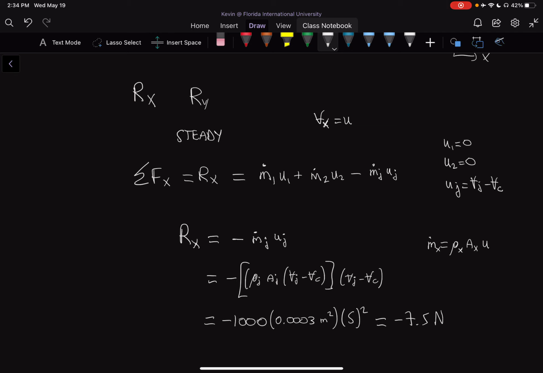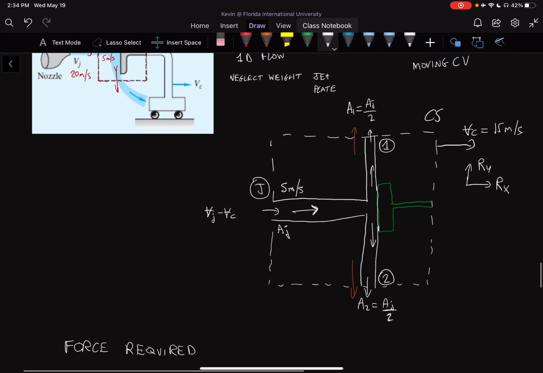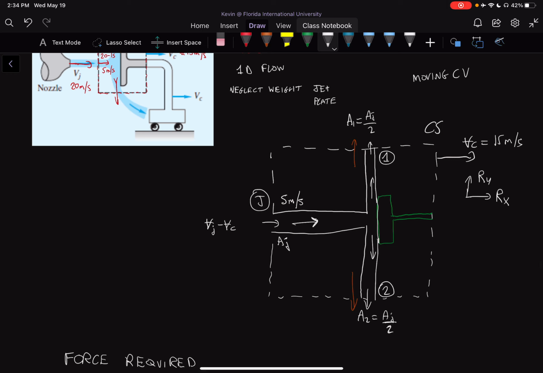So in order to keep the velocity the same and to keep everything steady, our reaction force on the system would have to be equal to minus 7.5. So what does that mean? That means if we go back to our diagram, in order to keep our control surface and our whole system moving, we're essentially applying a reaction force in x, which is equal to minus 7.5 newtons.